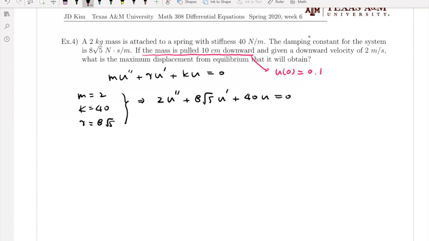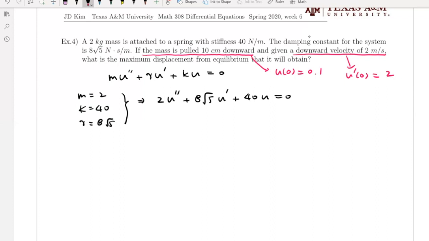That's why it is positive, okay? And what about this one? A downward velocity is given, okay? It's downward, which means it's the direction of stretching out the length of the spring, right? That's why u prime of 0 is also a positive value, okay? And the setup is all fine.